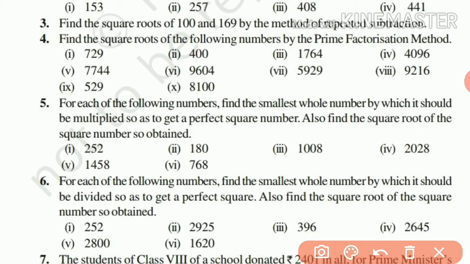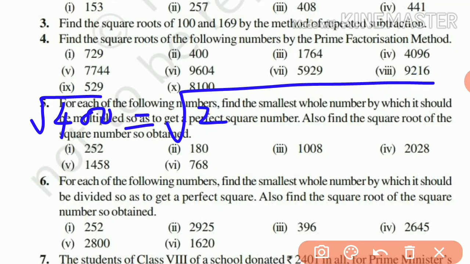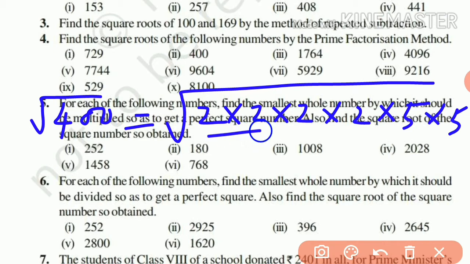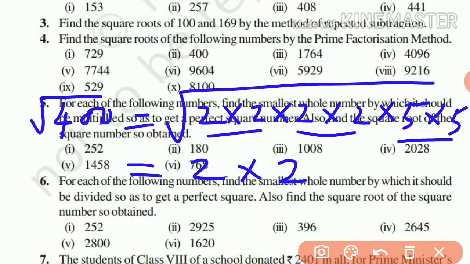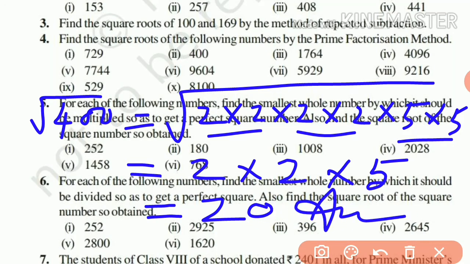So we can write the square root of 400 equal to 2 times 2 times 2 times 2, 4 times 2, and 2 times 5, 5 into 5. We will take pairs, one pair, second pair, and third pair. We will write one number for one pair, this is 2, and for the next pair, this is 2, and the next pair is 5. So it becomes 2 2s are 4, 4 5s are 20. 20 is the square root of 400.